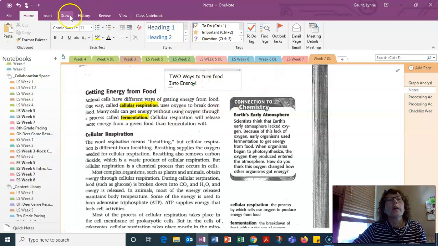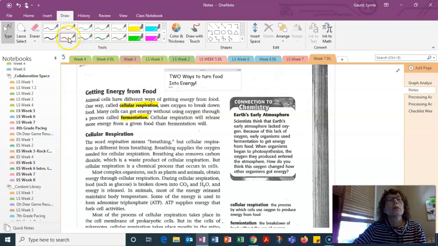And then I'm going to go back to the draw tool, choose a color and an arrow, and I'm going to draw an arrow to this way and another arrow. I have to choose the arrow twice to this way. So there's 2 ways. Come back here and choose type.